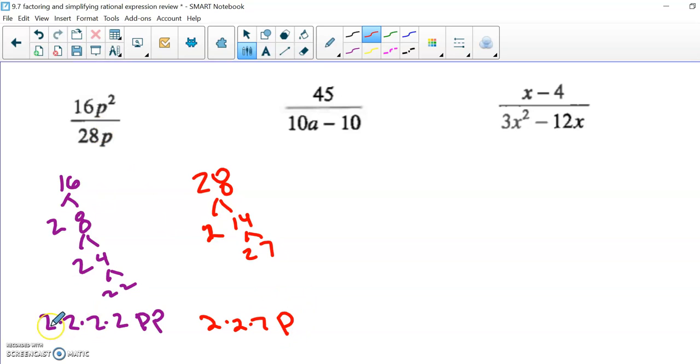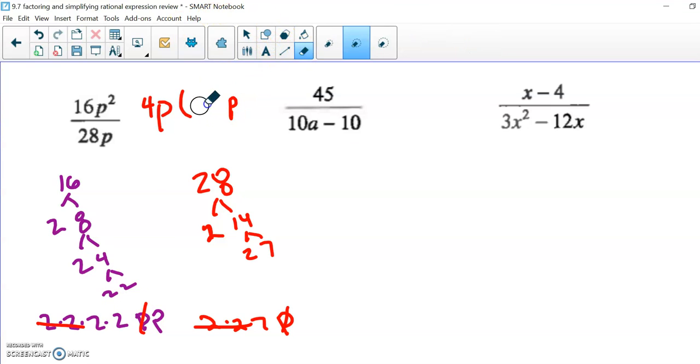So what do they have in common? It looks like they both have 2 2's, so we're going to take 2 2's out, or 4 out, and they have at least 1 p, so we're going to take 1 p out. And then on this one, we're left with 2 times 2 times p, or why don't we make that 4p, make it a little bit prettier.